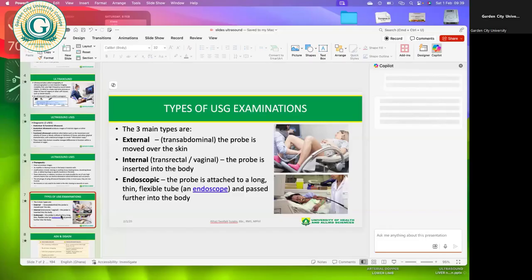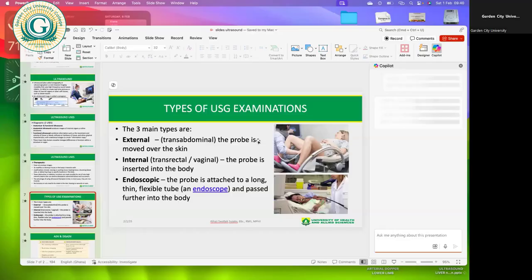The external ones are usually done by putting the probe on the skin. So all ultrasound examinations where the probe or the transducer is placed on the skin of the patient are termed an external ultrasound examination. An example is when you have a patient coming to your unit for an obstetric ultrasound examination.